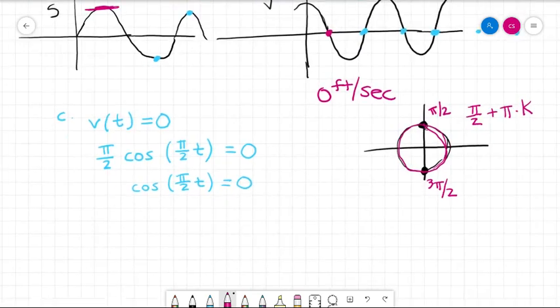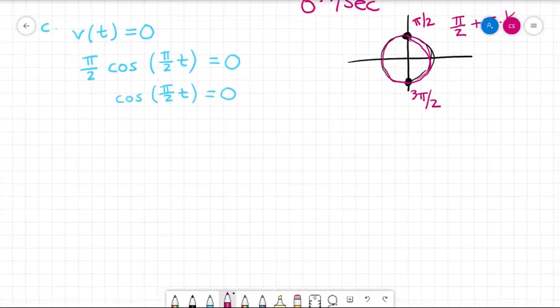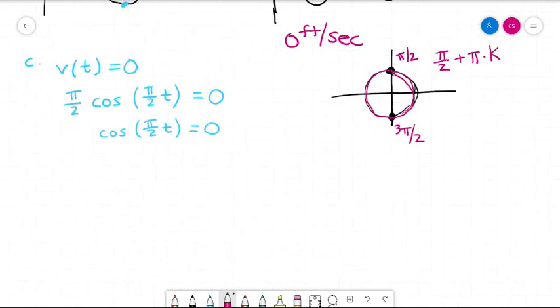So going back to our problem, we want this argument, pi over 2 times t, to equal this expression, pi over 2 plus pi k.